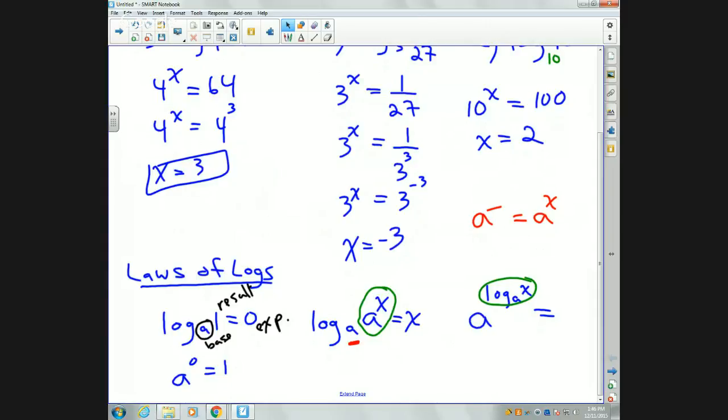That's what inverse functions do. They undo each other, right? You apply a function and then its inverse together, you should undo them and be left with your original input. So in this case, the log is one function, the exponential is the other function, and it's acting on x. So this actually just is going to result in x. And that's because the log and the exponential will undo each other.